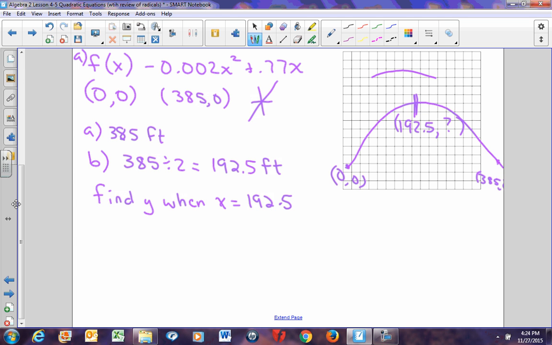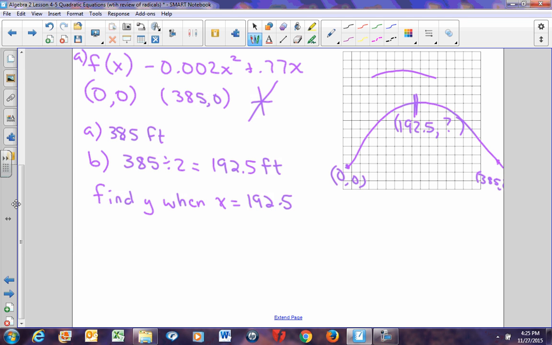You can do that in two ways. I can either put it into the original equation: put in -0.002 times 192.5 squared, and then add 0.77 times x to get the answer.